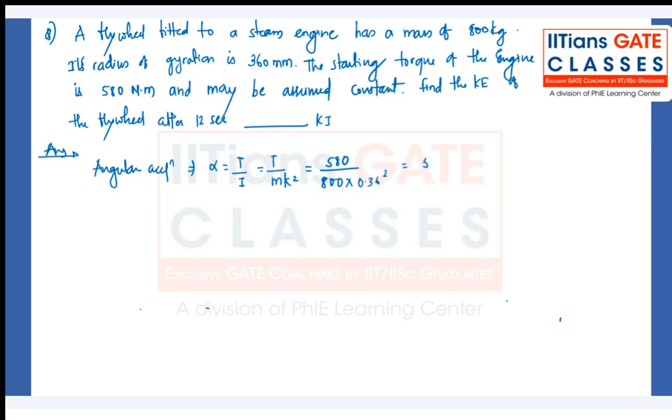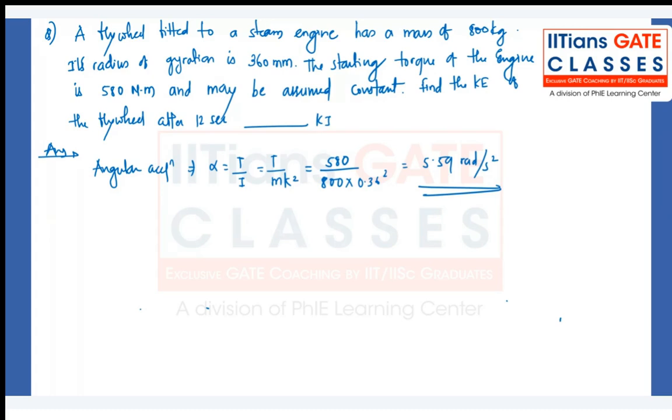So you will get 5.59 radian per second square. Okay, so this is the value of alpha. Torque is equal to I alpha, so alpha is equal to T by I, and I is equal to mk square, where mass is 800 kg, and radius of gyration is 360 millimeter, which is 0.36 meter.